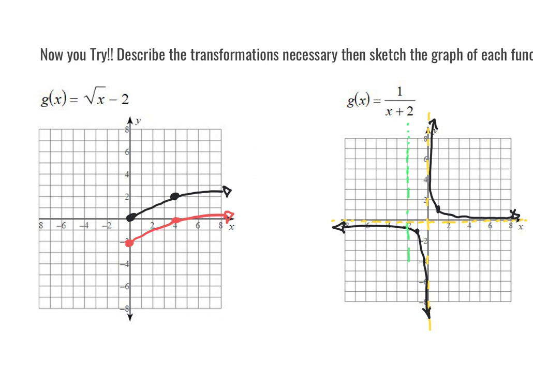But my horizontal asymptote stays the same because we're not shifting that. The points will also shift, and they will approach the yellow and green asymptotes in this case.